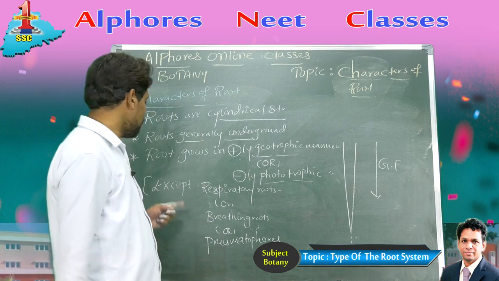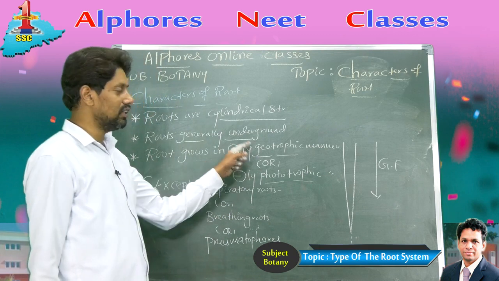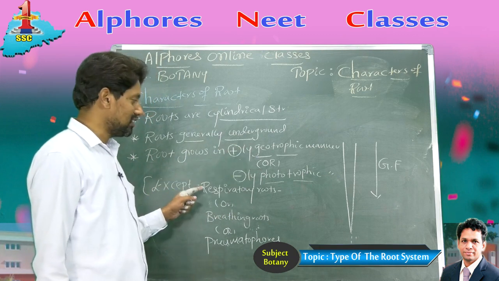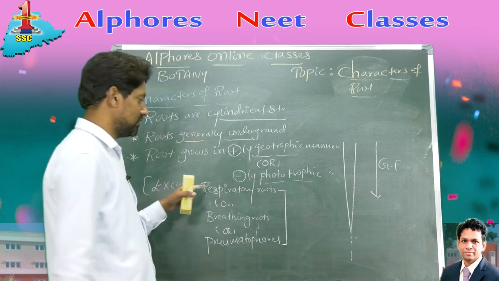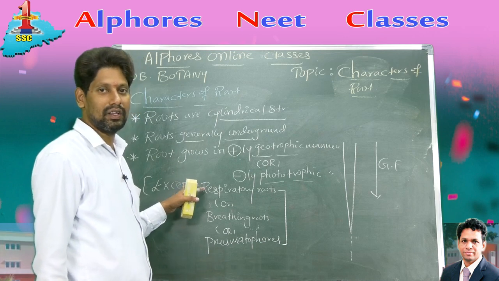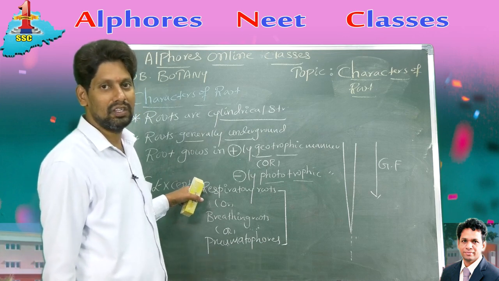Now listen to this statement. Roots grow in positively geotrophic manner, but respiratory roots grow in positively phototrophic manner. This we will discuss in detail during root modifications, in the next coming topics.